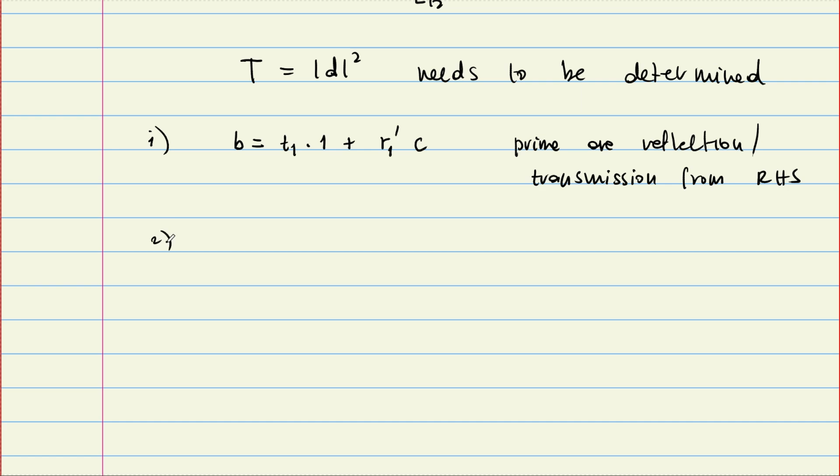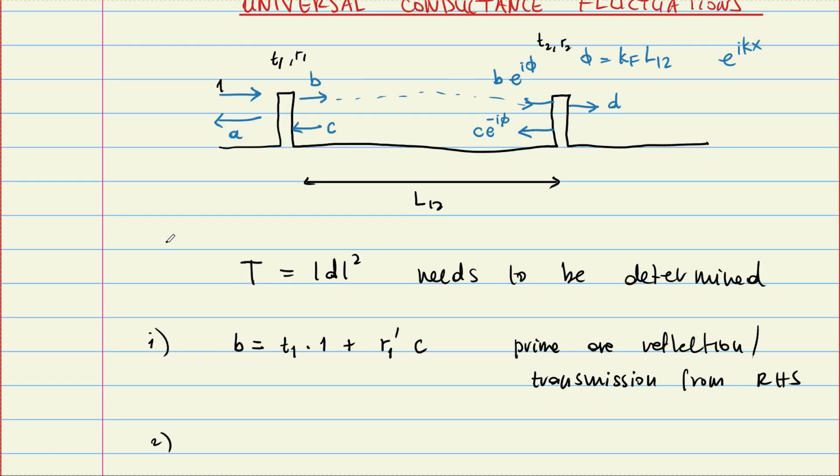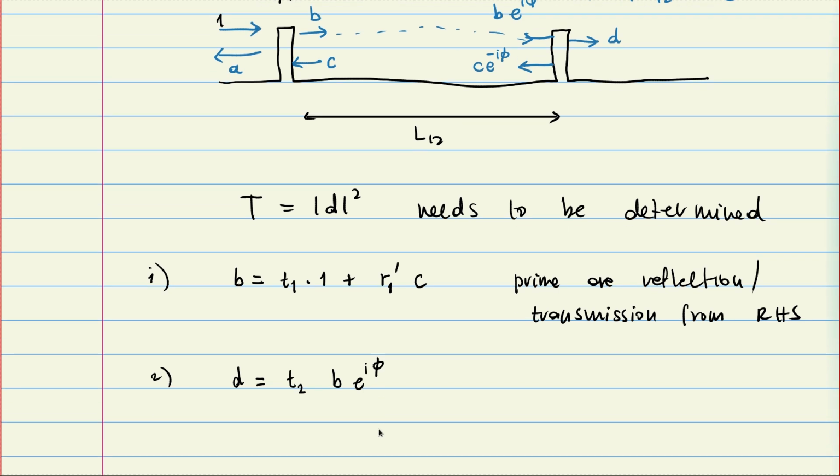For the second equation, we can write exactly the same thing for this interface. So D is going to be equal to, and there's only one thing which can be transmitted, with amplitude T2 times B e to the i phi.